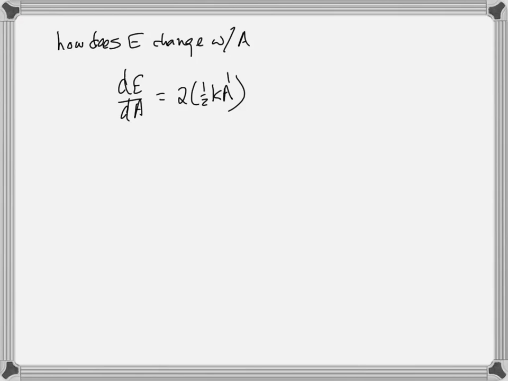So that's how E changes with A. Therefore we can solve for dA: dA is equal to dE over KA. And if dE is the smallest possible change, that's hf over KA, and f is whatever f is.